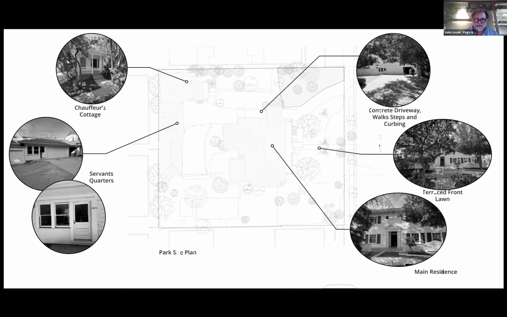That's the spatial relationships that I was talking about. And then there are other site features. There's a brick planter around the two cedar trees in the front, and there are driveways that have always characterized the property.